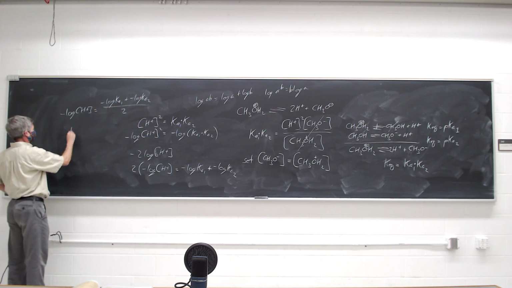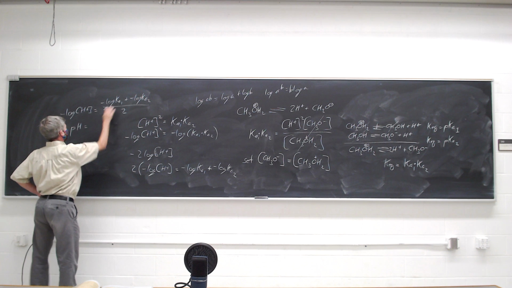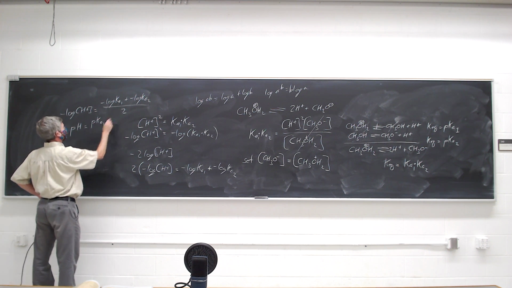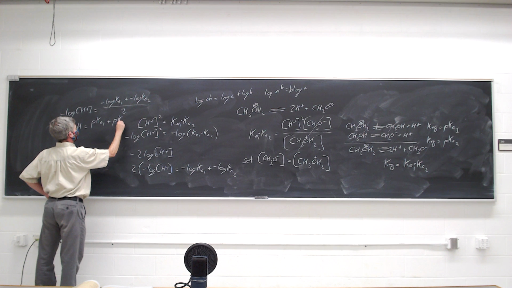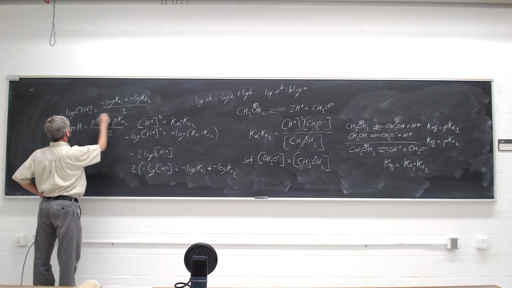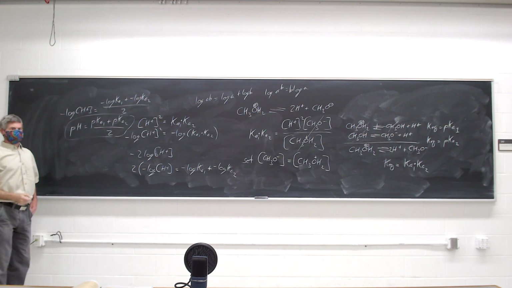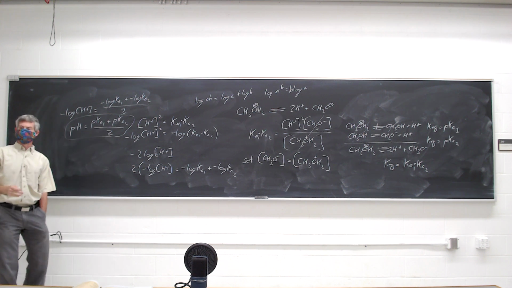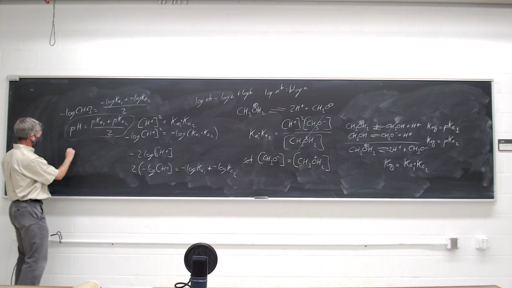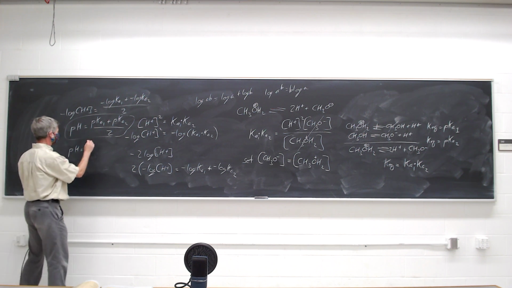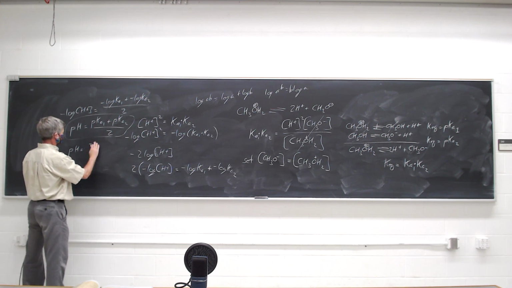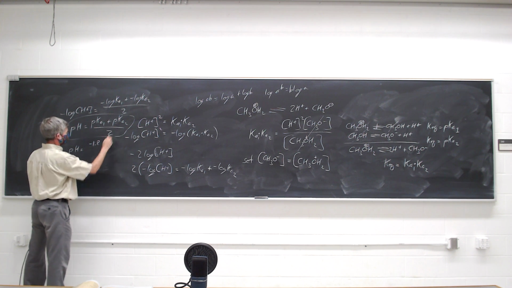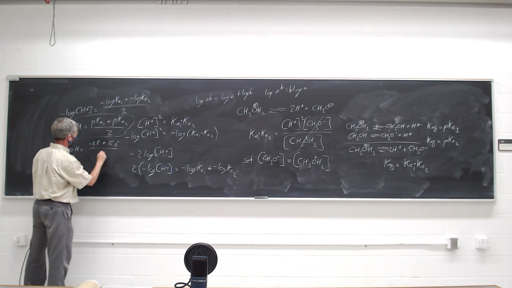But that is pH, and that is pKa1, and that is pKa2. I determined that the pH is actually equal to the sum of the pKa values divided by 2, which in this case would be equal to negative 1.8 plus 15.6, divided by 2.